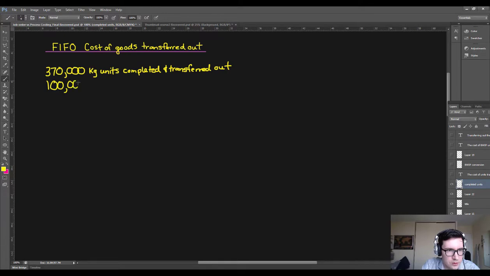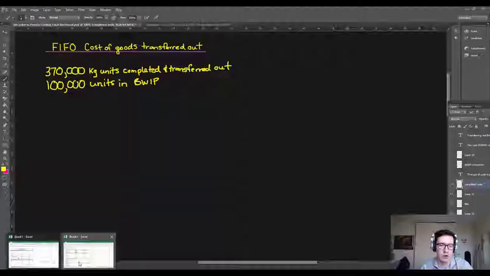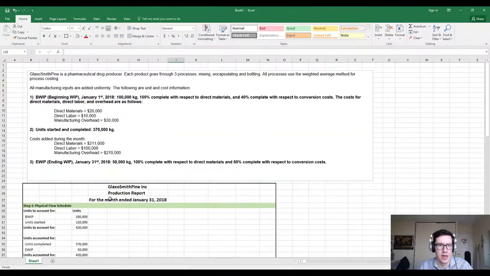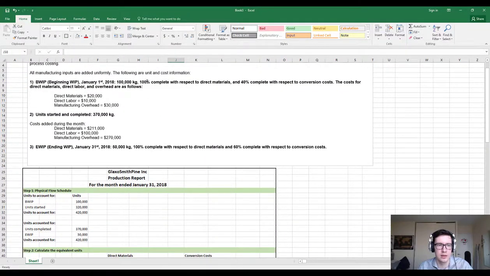Now this 370,000 units which are transferred out includes 100,000 of units in beginning work in process. And part of those 100,000 units were completed last month. So if we were to go back to our Excel spreadsheet, you'll see that on January 1st, 100% of direct materials were already complete, while 40% were complete with respect to conversion costs.